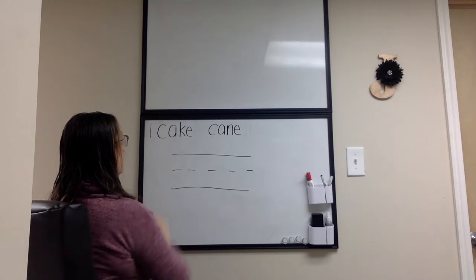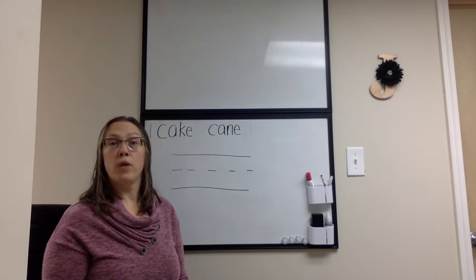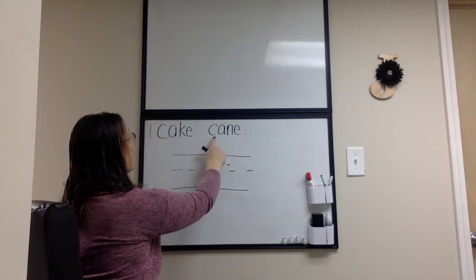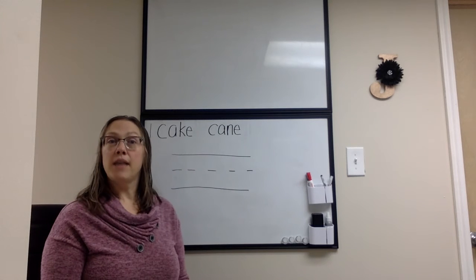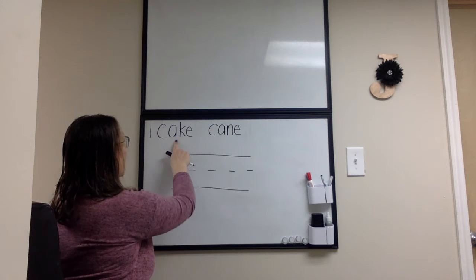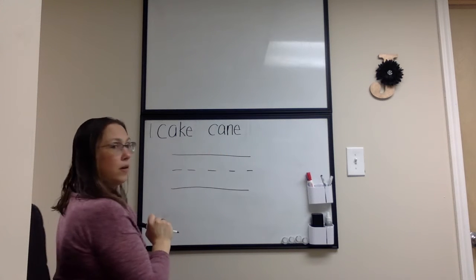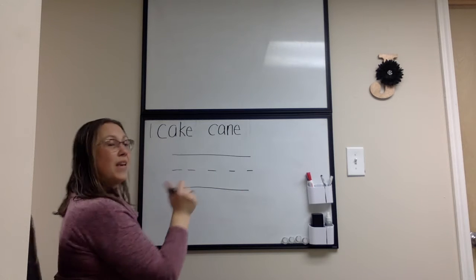A cake. Let's try the second word and see which one is correct. Cane. Mrs. Johnston said cake. Which word says cake? Cake, cane. Point to the correct word. Yes.